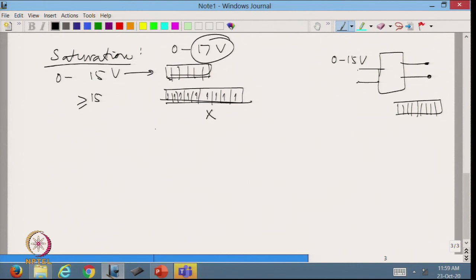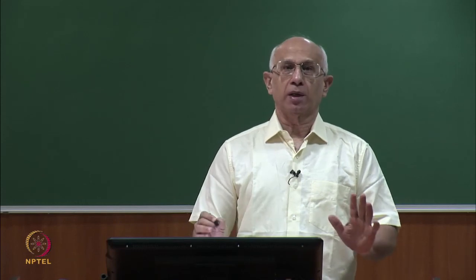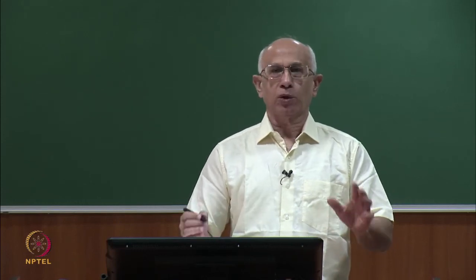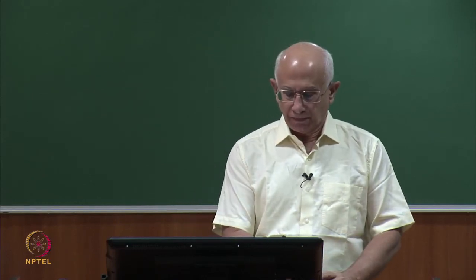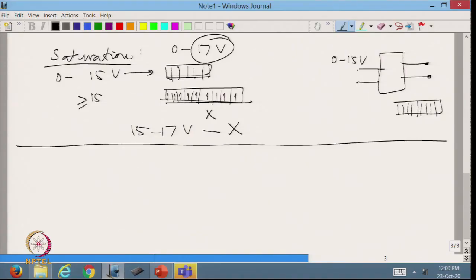What was missed is that all the signal in the 15 to 17 volt range has been knocked out. We have lost information. This particular data collection is useless. We have to completely discard it, do that whole measurement all over again, and possibly the whole experiment all over again. So, this is one issue that we are seeing here.